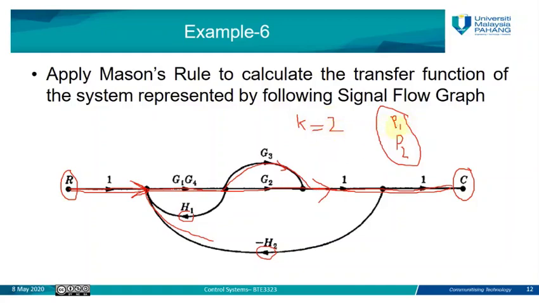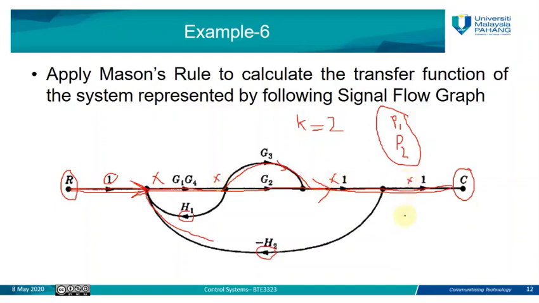Now we need to know the gain of this forward path. What is the gain for the forward path number 1? What is the gain for the forward path number 2? The gain for the forward path number 1 represents the product of all transfer functions or gains of all branches. So the forward path number 1 starts from R, it has the gain of 1. So it will be 1 times G1 times G4 times G2 times 1 times 1.